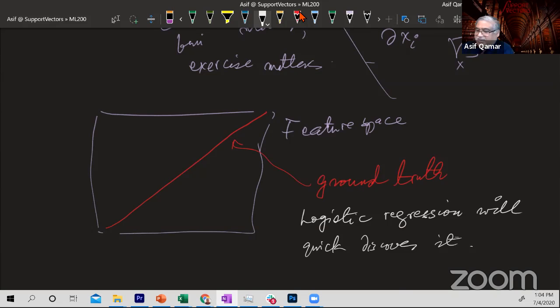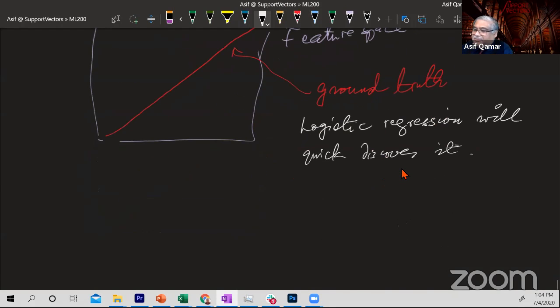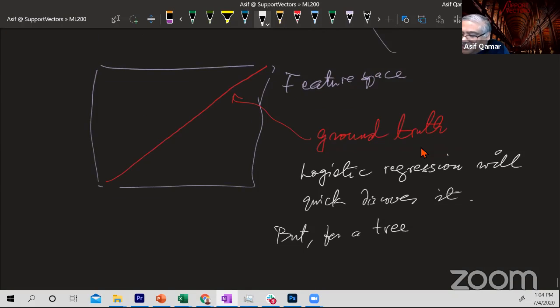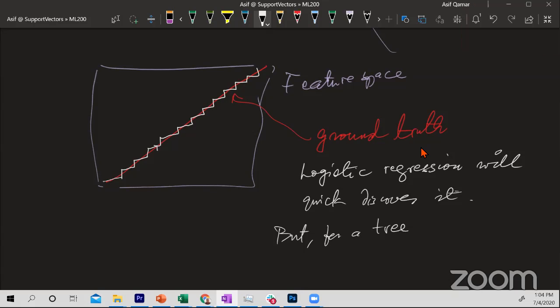But in the case of a tree, see what will happen. Because it makes rectangular decision boundaries, it will go like this. Remember, it can only split along the axis. Anil, you see what I'm talking about? Yes.